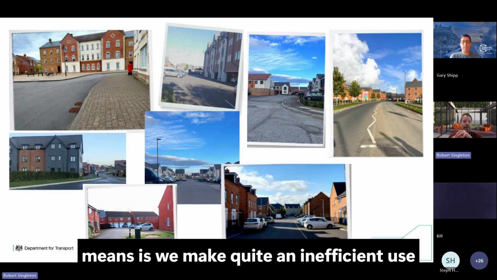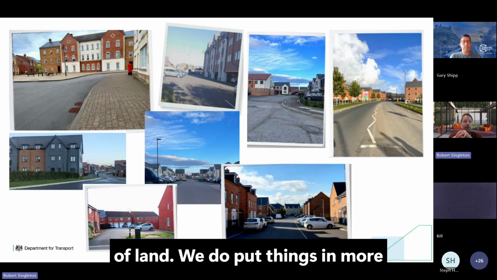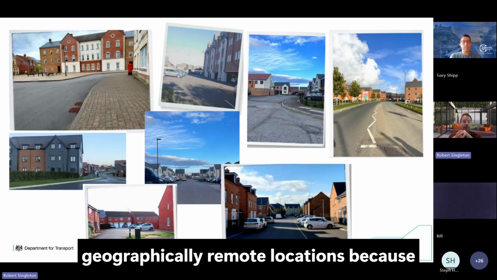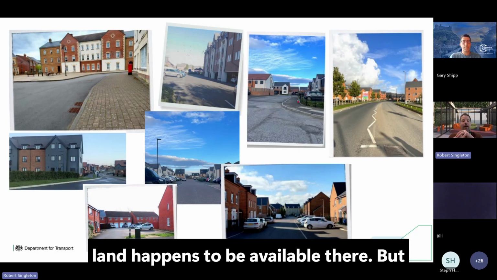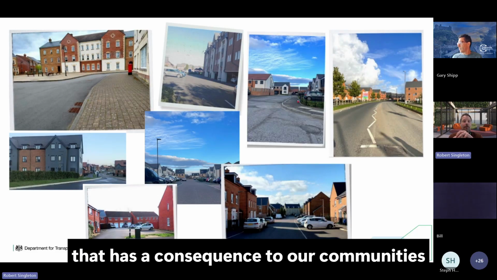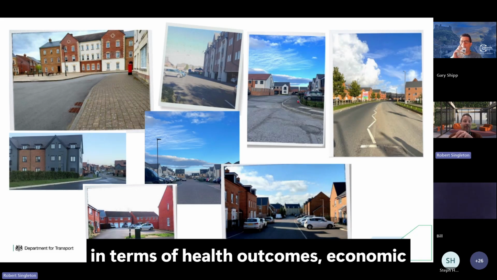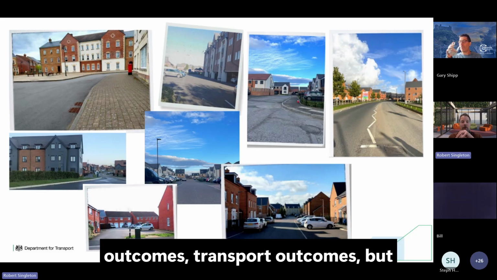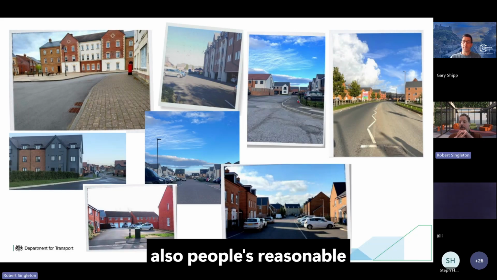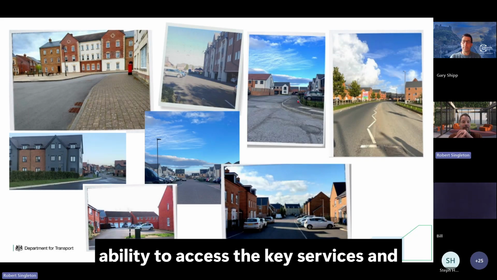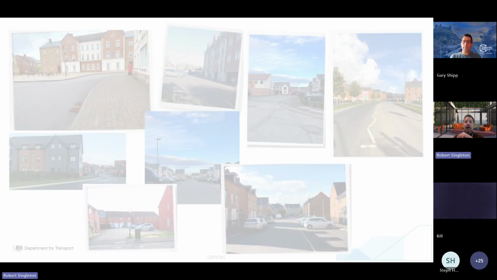And what that really means is we make quite an inefficient use of land. We do put things in more geographically remote locations because land happens to be available there, but that has a consequence to our communities in terms of health outcomes, economic outcomes, transport outcomes, but also people's reasonable ability to access the key services and destinations that they need to.